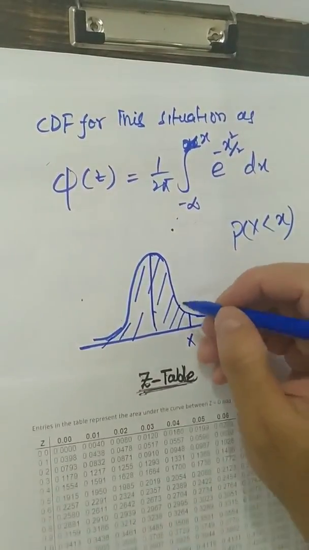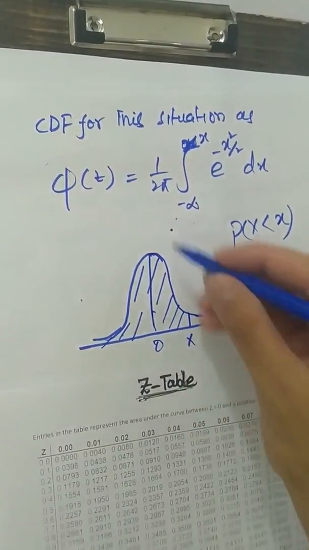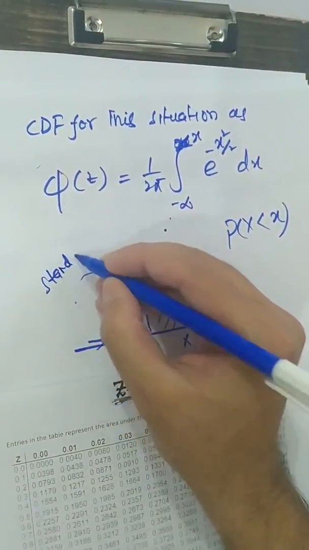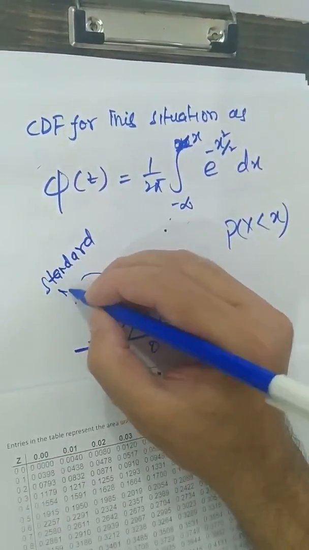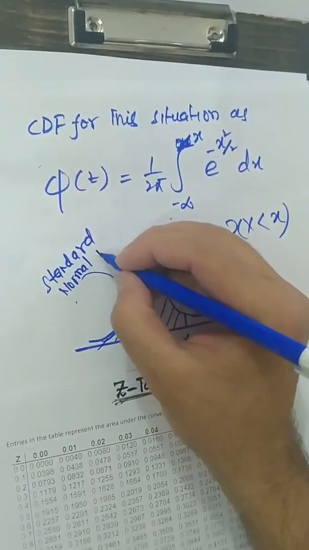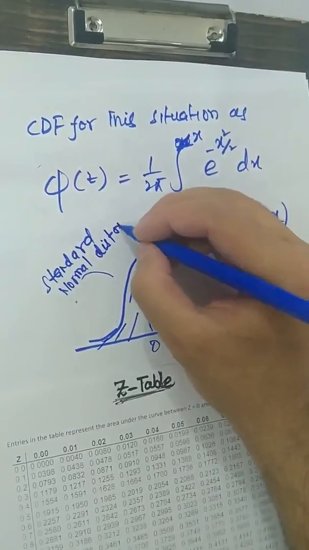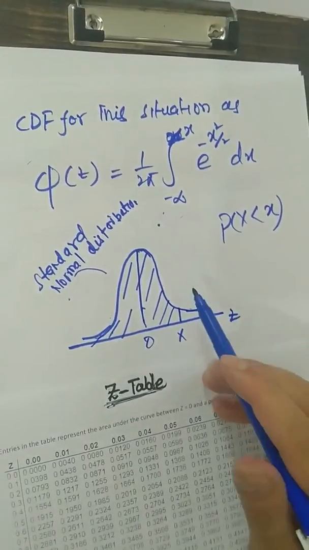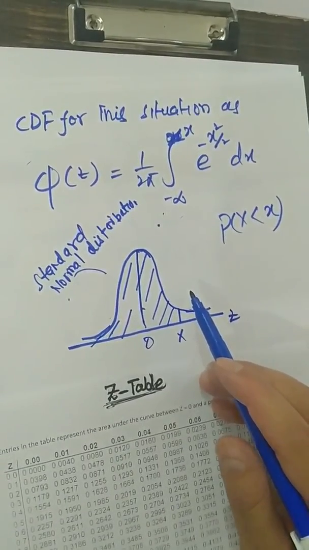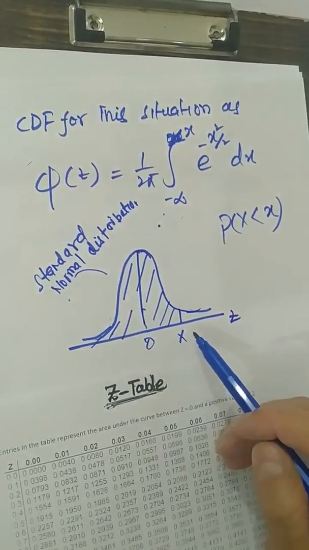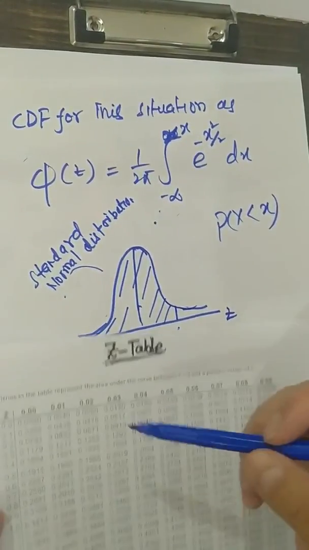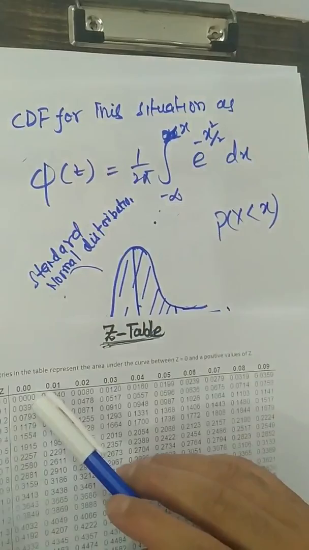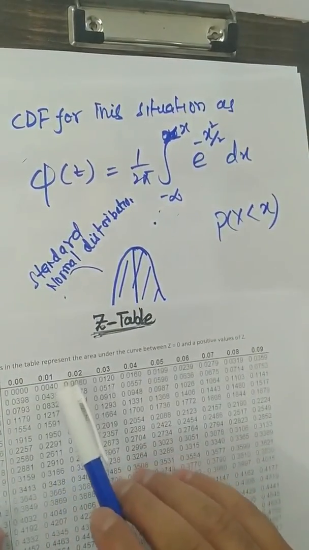This is the standard normal distribution, which has mu equal to 0, and I have to find x, which is the number for which I have to find the CDF. So I use this table. From this table it is obvious that as z is increasing.